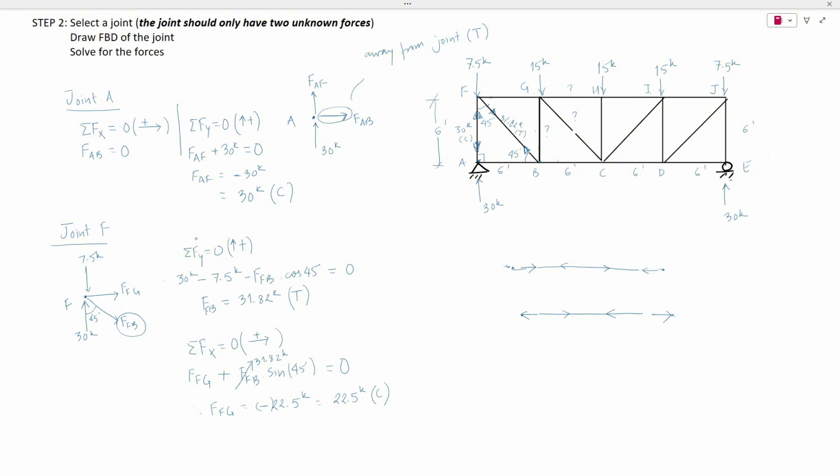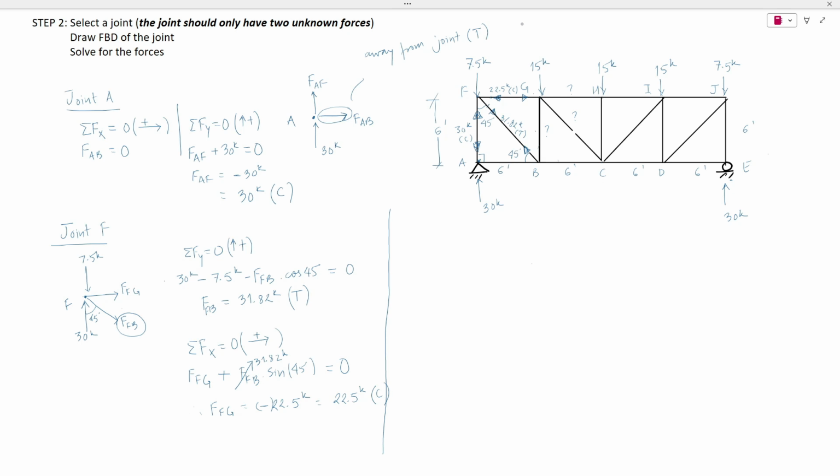And then we found out FG, which is compression, again towards the joint, right? The value of FG is 22.5 kips in compression.